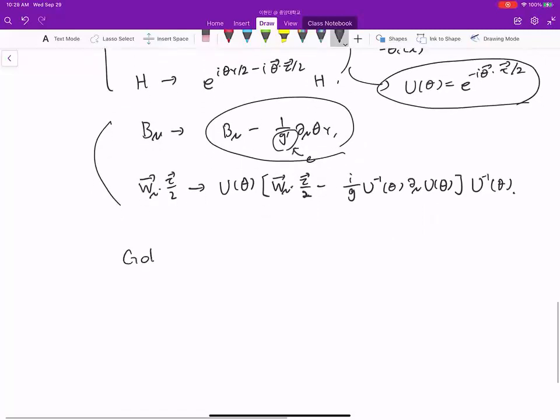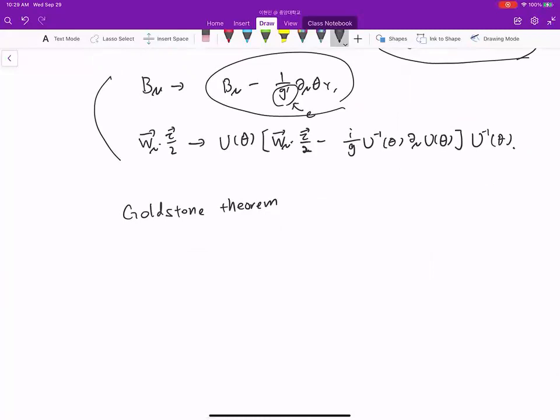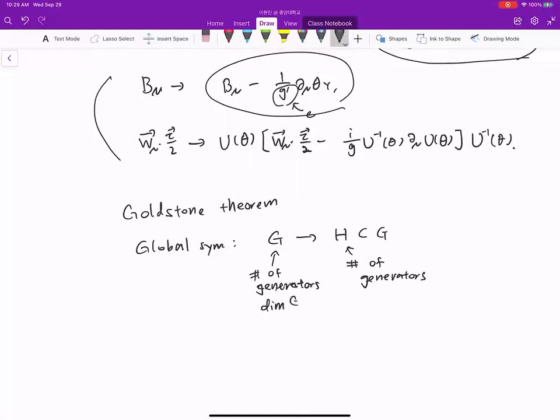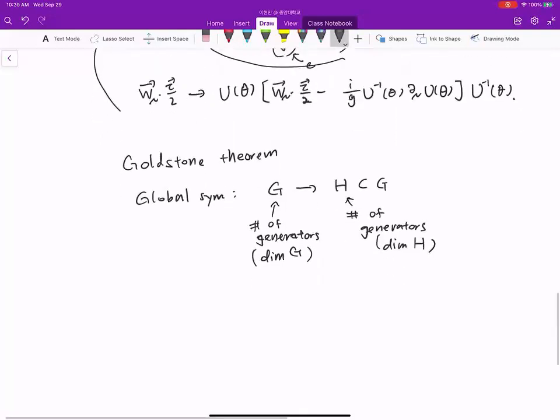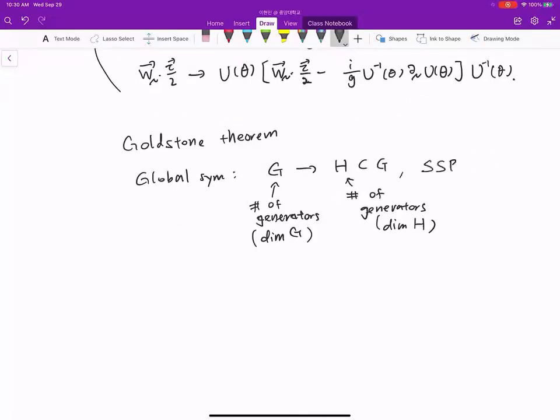In the case of global symmetry, the Goldstone theorem tells you that there are a number of massless bosons. When a big symmetry group G is broken down to a small group H, which belongs to the bigger group, you can count the number of generators in each group, the dimension of G and the dimension of H. Then you can break this by spontaneous symmetry breaking.